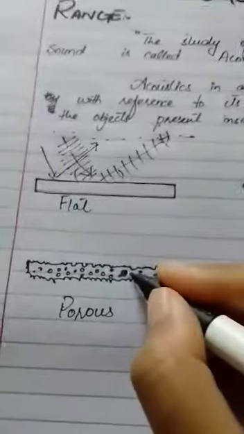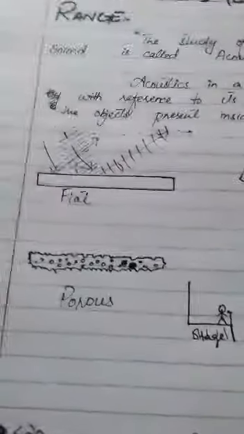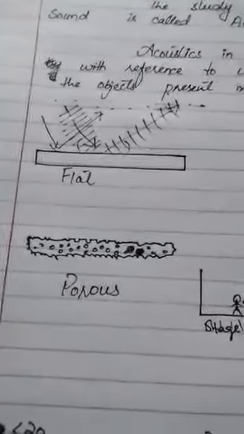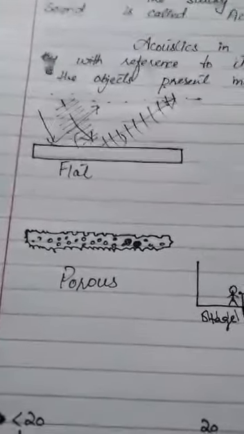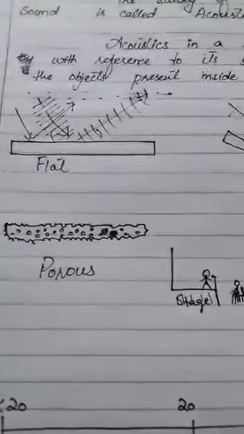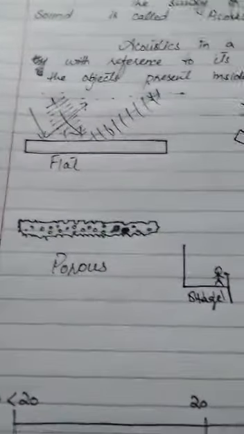These are the materials which absorb the sound waves most. Examples of porous objects are cushions, blankets, curtains, etc. These objects absorb most of the sound.